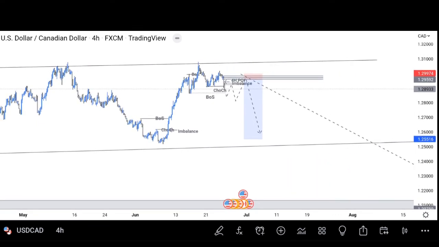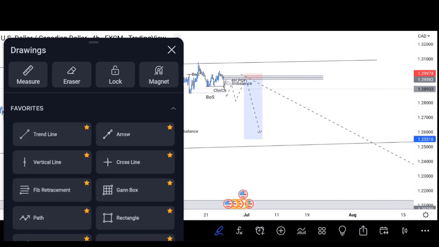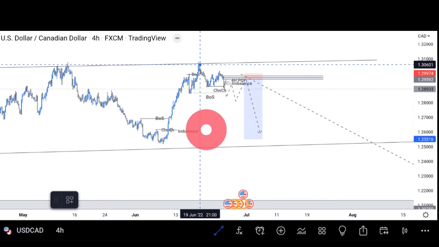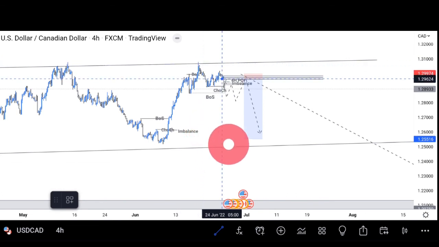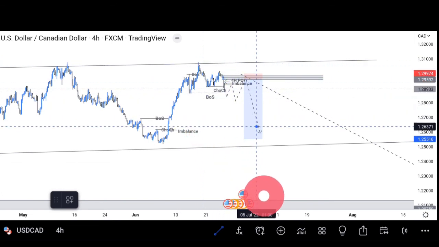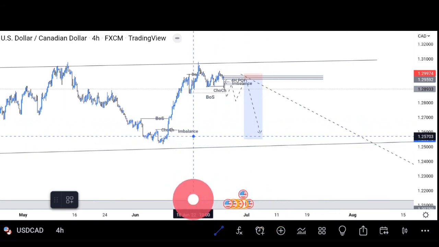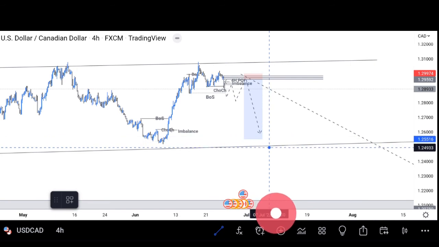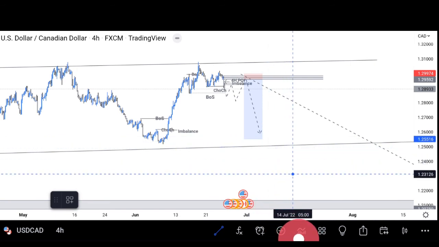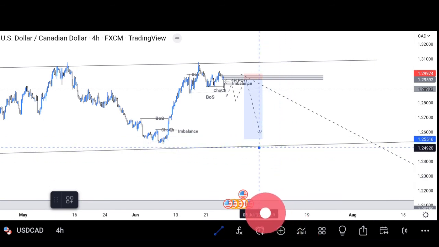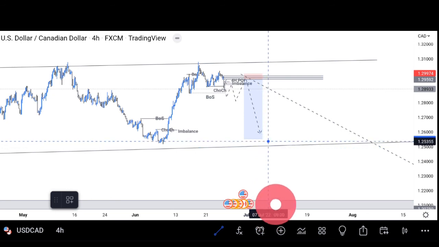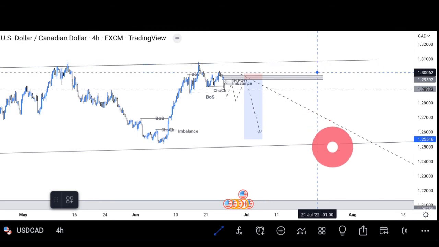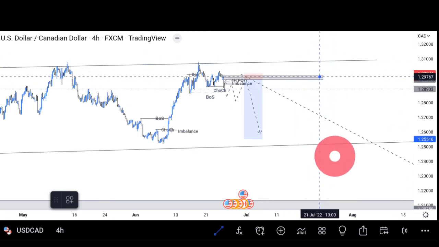So the sellers already sold at the resistance here. Now the price is going to go down. So when it clears this imbalance and rebalances this market, the market will either break this support to the downside, or this support may hold and the price may continue rallying up and continuing with this ranging market.